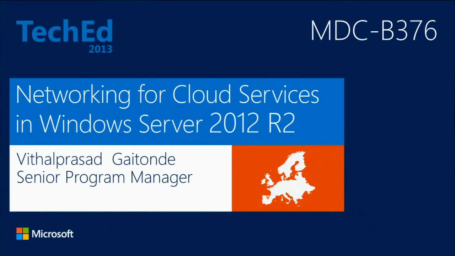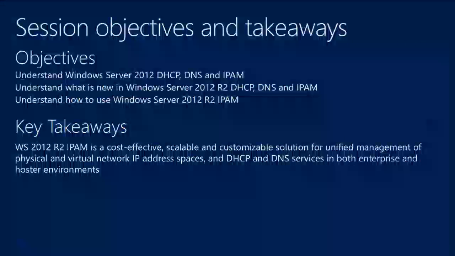Okay, so let's get started. I'll do this session in two parts. The first half, we'll spend talking about IPAM, DNS, and DHCP. That's referred to as DDI: DNS, DHCP, and IP address management. We'll talk about these areas, which have been significantly enhanced in Windows Server 2012, so we'll talk about functionalities in Windows Server 2012.